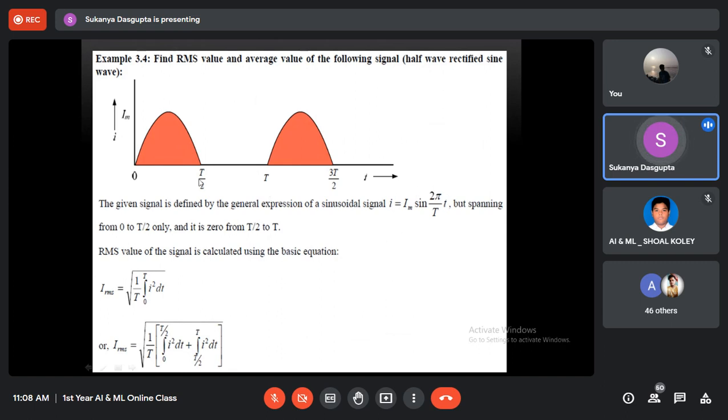It is a half-wave rectified sine wave, not a pure sine wave. So we'll consider the equation Im sine omega t for the duration 0 to T by 2, for this half. And for the rest, T by 2 to T, the signal is 0.